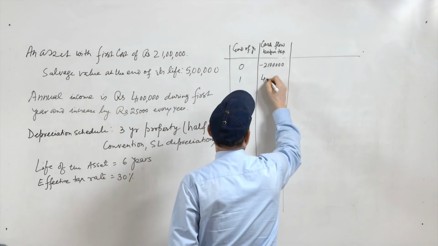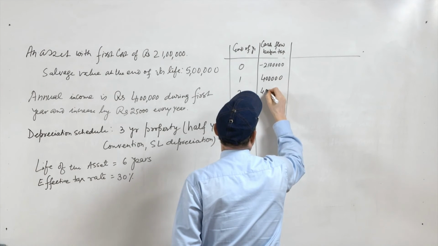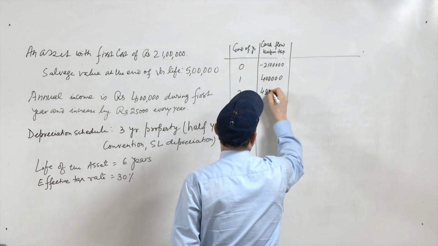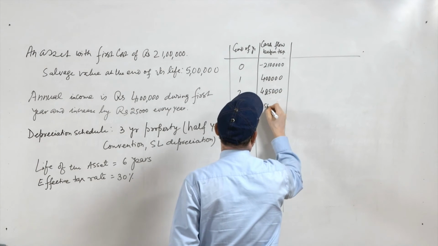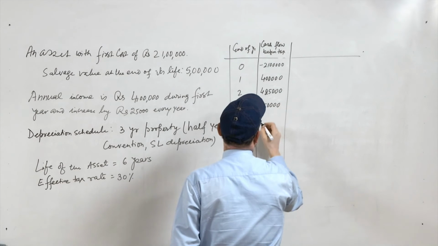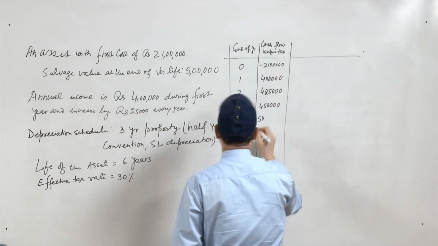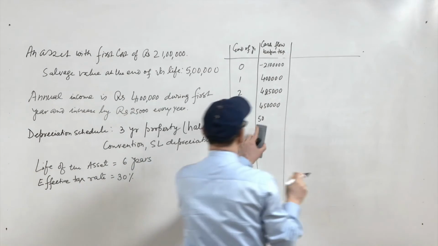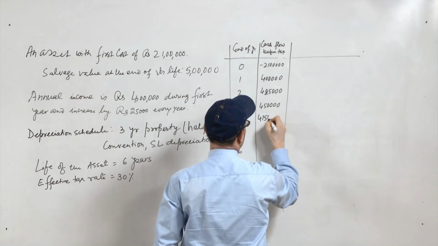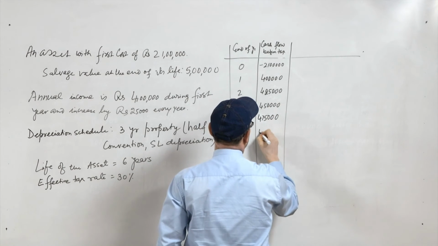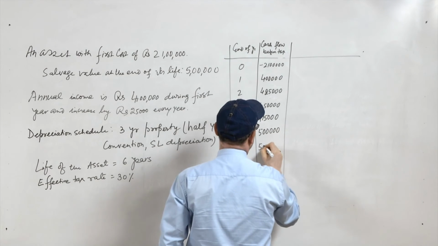So, 4 lakh, 4 lakh 25,000, 4 lakh 50,000, 4 lakh 75,000, this is 5 lakhs, 5 lakh 25,000.